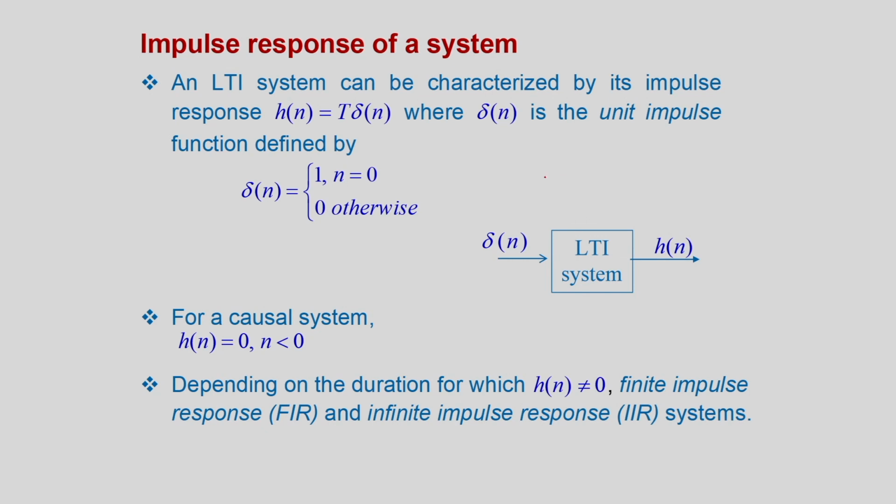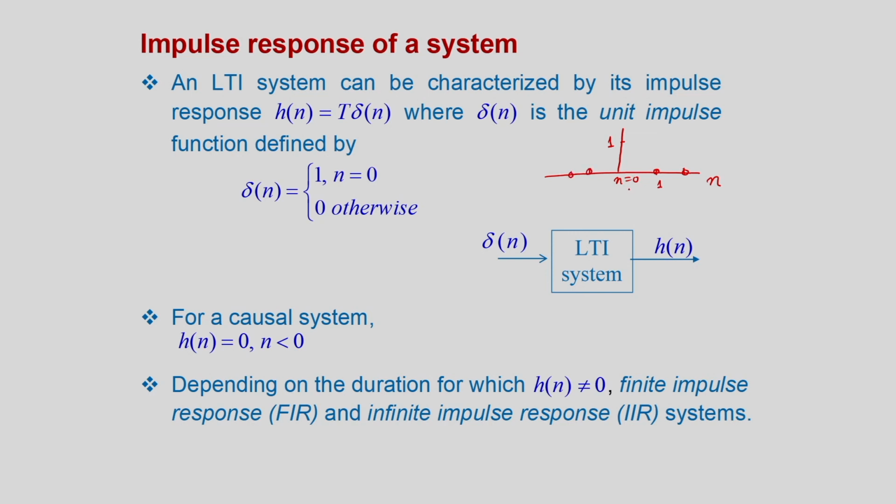So, suppose this is my n axis, and suppose this is n = 0, 1, etc. At n = 0 the value of the signal is 1 and elsewhere it is 0.